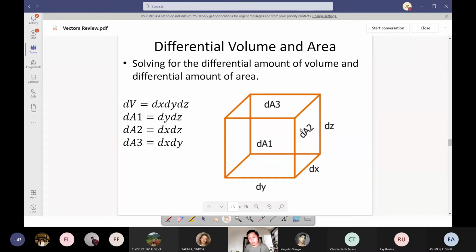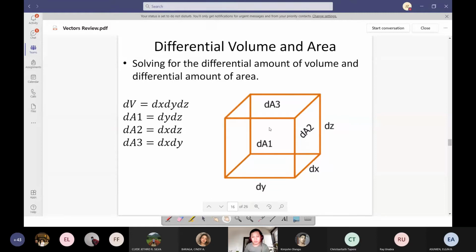How about the right? The surface on the right has the x-axis and the z-axis, so this will be dx dz. And lastly, the differential area on top: this is the x-axis and this is the y-axis, so this is dx dy. How about the area in the back, left, and bottom? Now, it's very obvious, no?